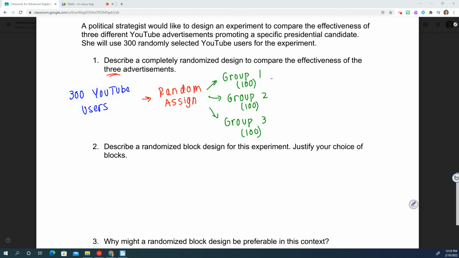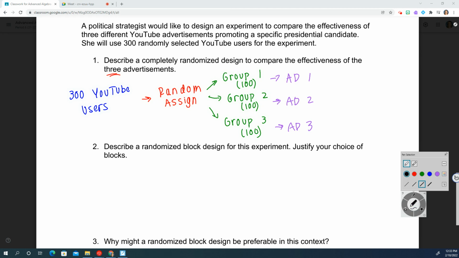We'll let group 1 watch ad 1, group 2, ad 2. And again, we could randomly assign these as well if we wanted to. Group 3, ad 3. We can use those results to compare the effectiveness.